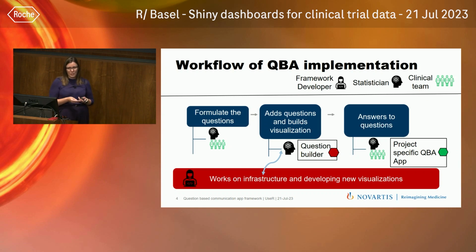That's usually at the core of being a statistician, knowing what data and how to present it. But sometimes the statistician doesn't have the technical knowledge of how to actually program that.